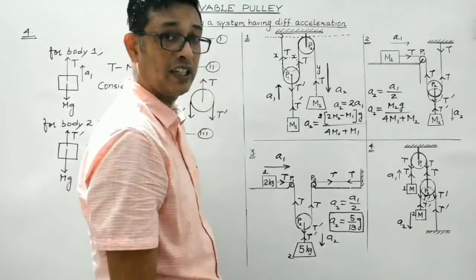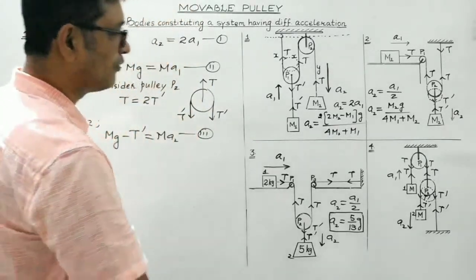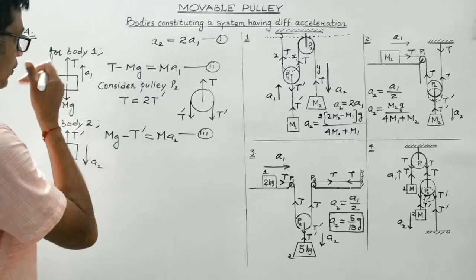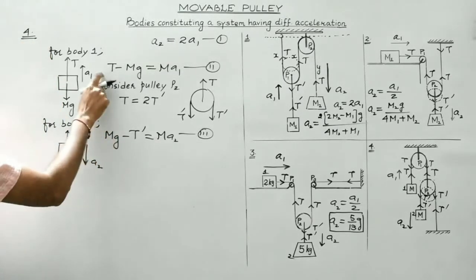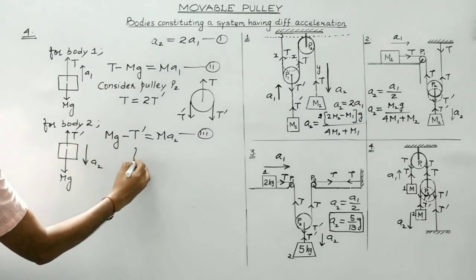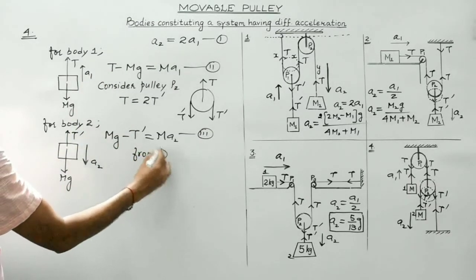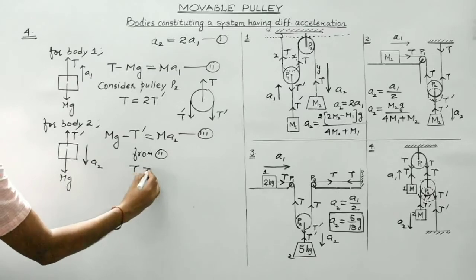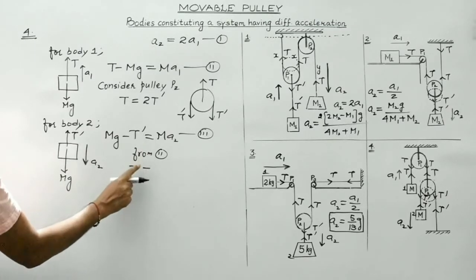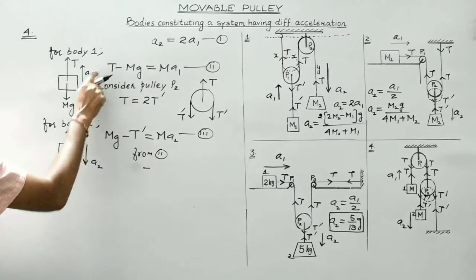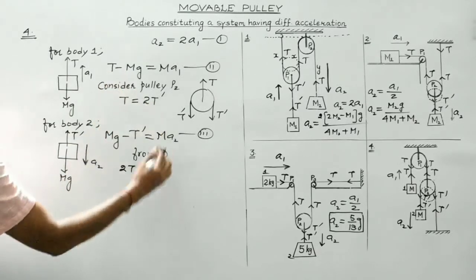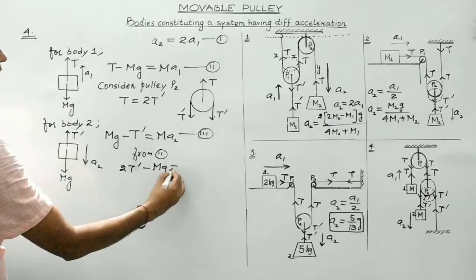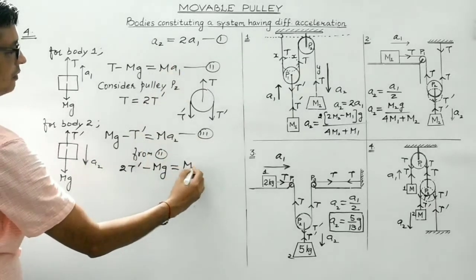By using these, we can easily get the expression for A1 and A2. Students, let's try to solve it. Okay. Over here, from the second equation, what do we get? T minus, in place of T, we can write 2T dash. 2T dash minus mg is equal to m into A1.